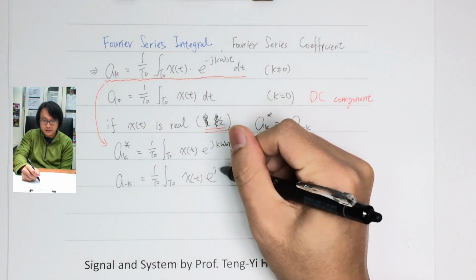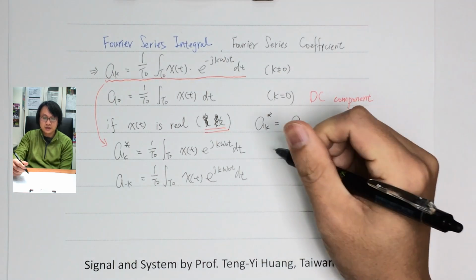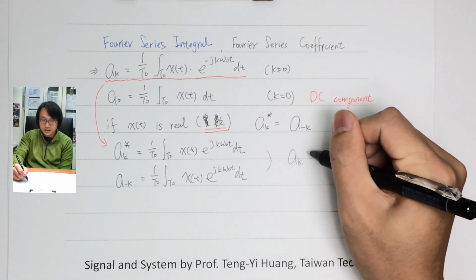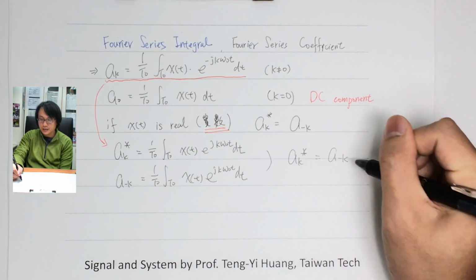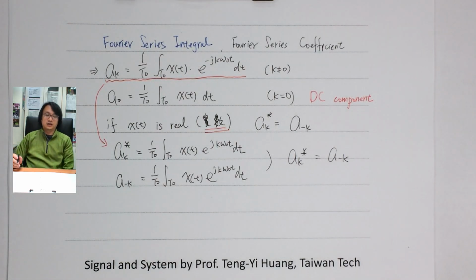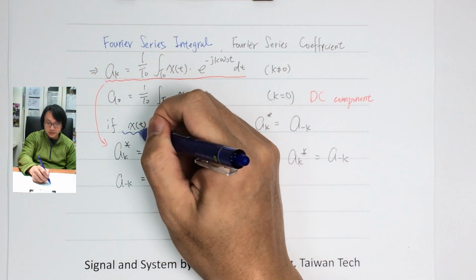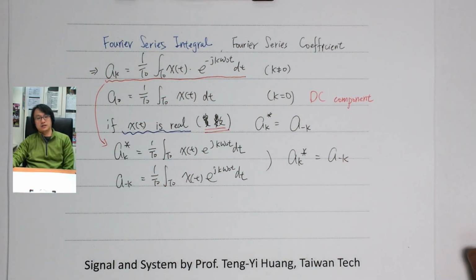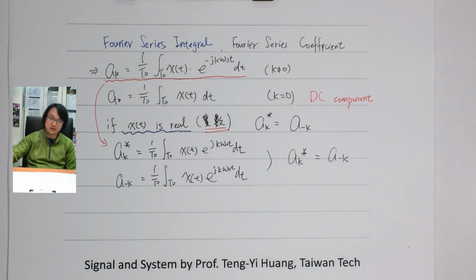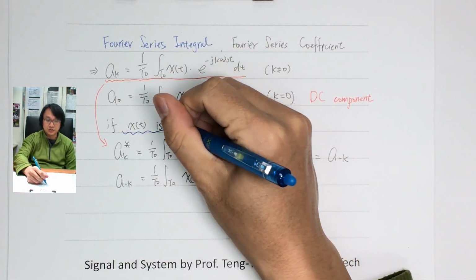Replace k with negative k. See it? Isn't the conjugate of a_k equal to a_minus_k? But note, this only holds when x of t is real valued. That's something to keep in mind.